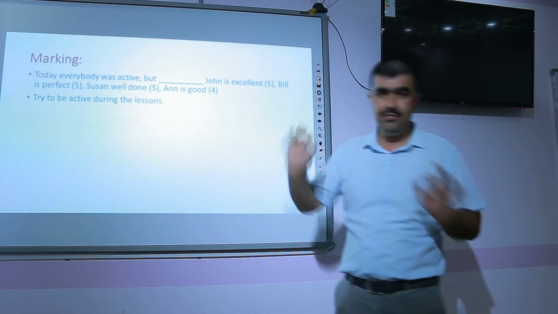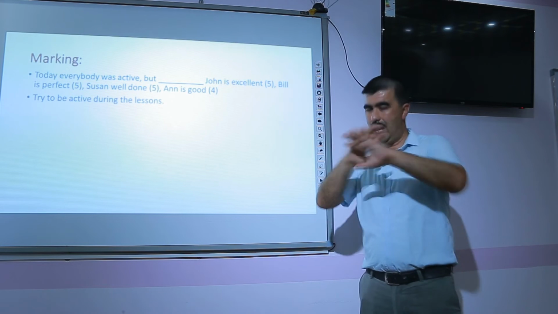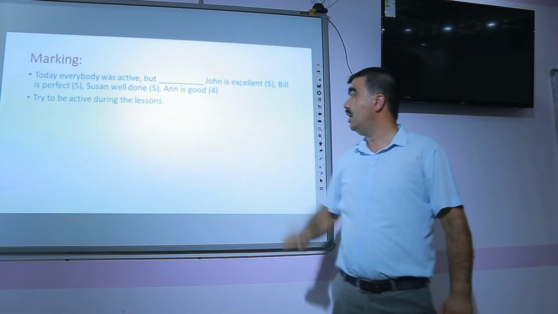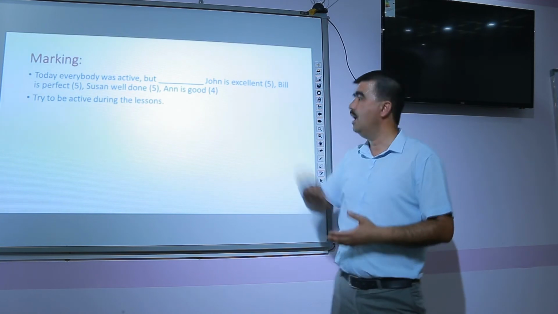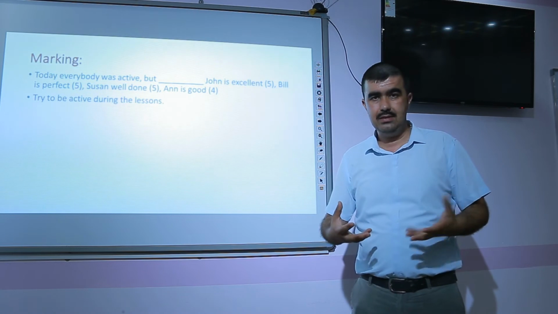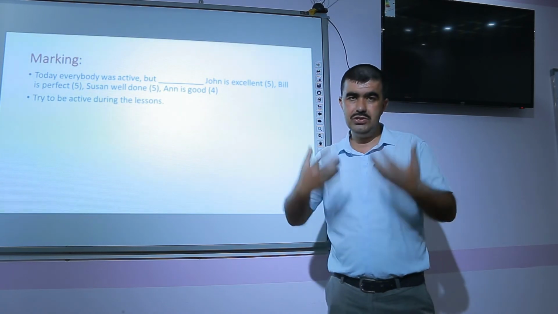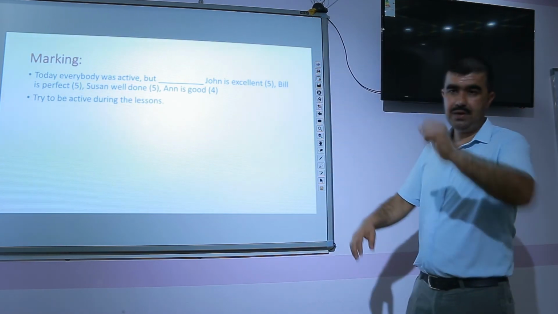Bill is perfect. Excellent and perfect mean 5. Susan, well done. It also means 5. And good means 4. And try to be active during the lesson. This is what the teacher should say to the students at the end of the lesson. Next slide, please.